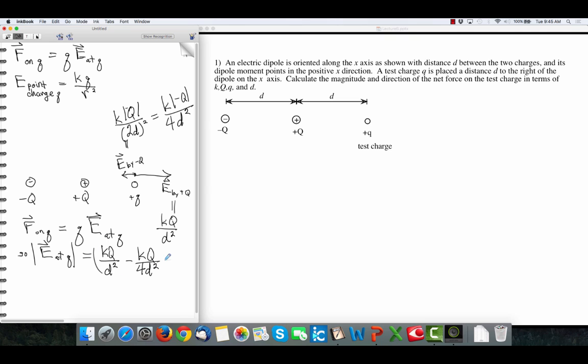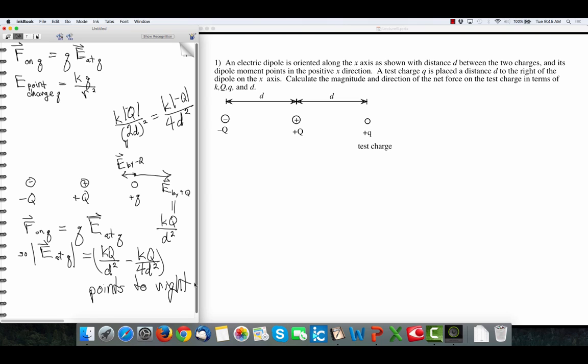And so that's 3/4 KQ over D squared, and points to the right. Any questions about that, first of all?